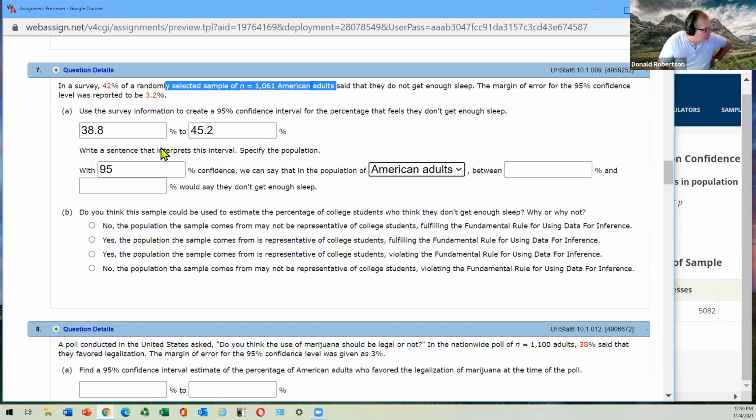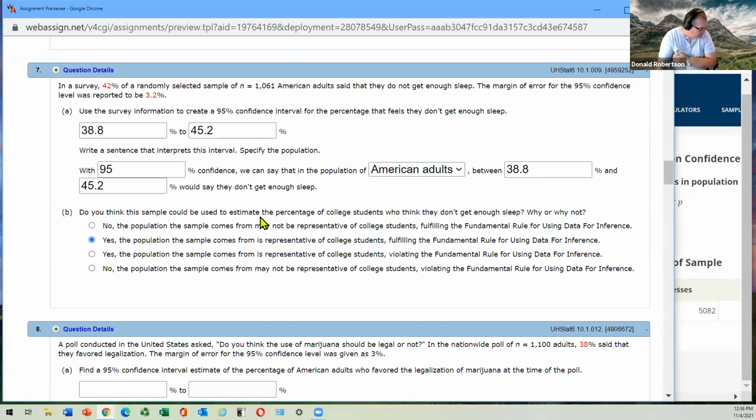And it's going to be somewhere between that number again to that number. So we're basically taking that interval and just writing it down in a sense. We cool with that?